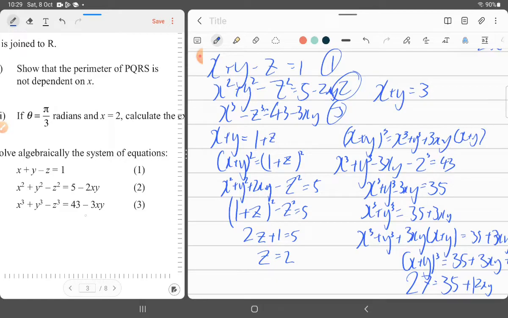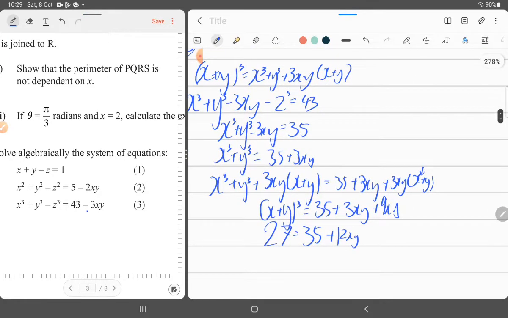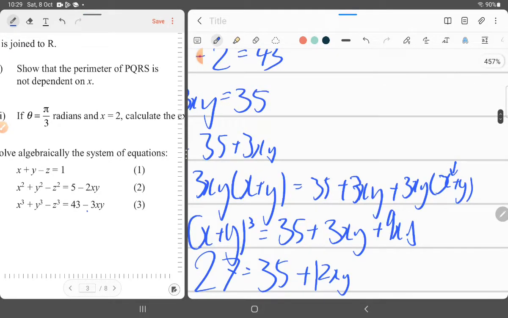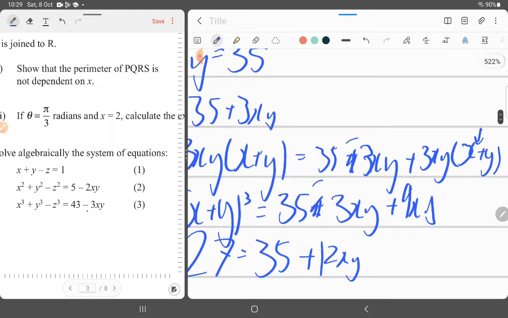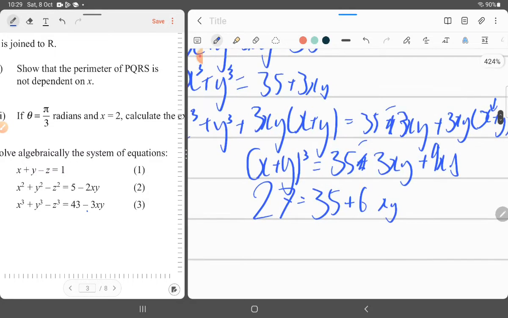Wait, no, this is minus. Did I keep the...? Oh no. It's 6. This is supposed to be minus. This is supposed to be 6xy.